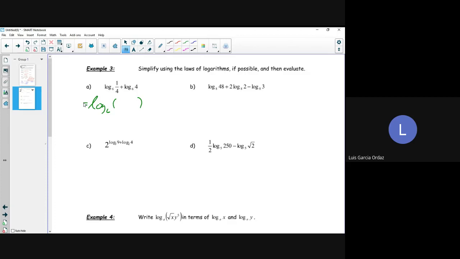So we're going to multiply 1 over 4 and 4. And we get log base 6 of 1, which means if we were to evaluate this, what would this whole expression give us?